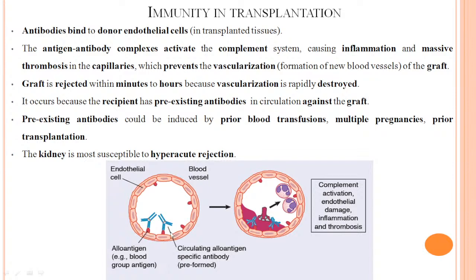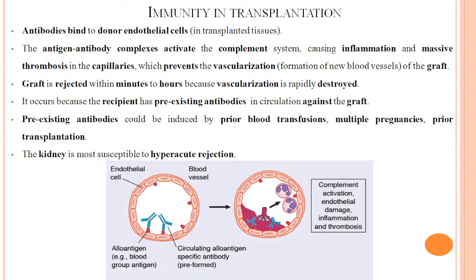So there is an immune complex, and they activate complement. C3a, C5a cause inflammation, endothelial damage due to inflammation, and thrombosis. And new blood vessels are not formed.